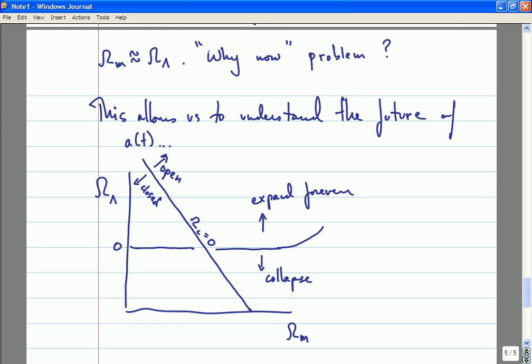And in fact, if you look at where we live, it appears to be right there. So the universe appears to be very close to flat. Most of the energy density is in the cosmological constant or in vacuum energy, and a smaller fraction of that is in normal matter.